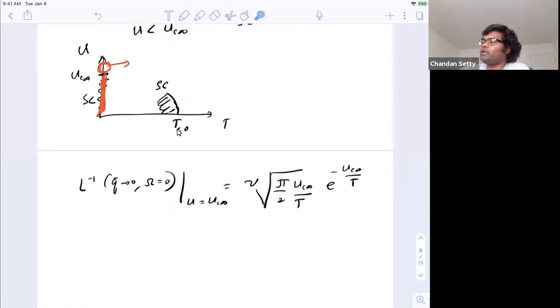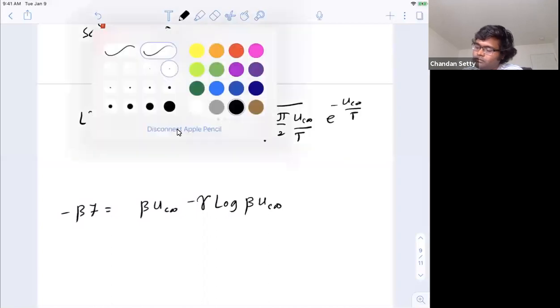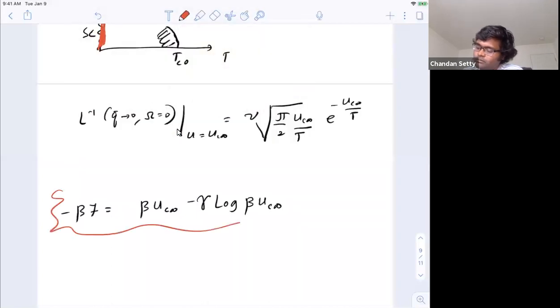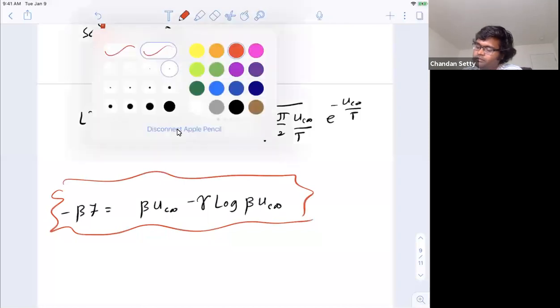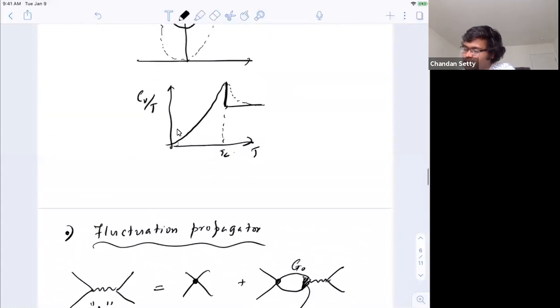From this, I can calculate what the fluctuation free energy is, and it turns out that the fluctuation free energy goes with gamma equal to 1/2. So this must remind you of something, and that is the formula that I showed you for the SYK model.